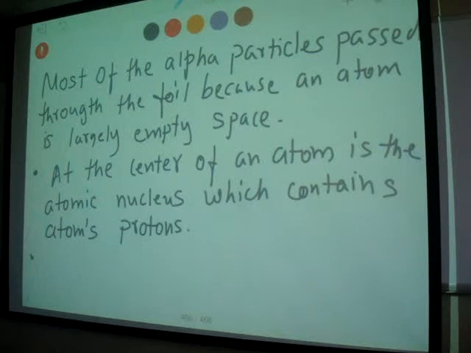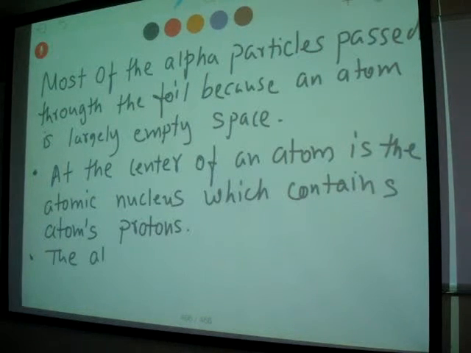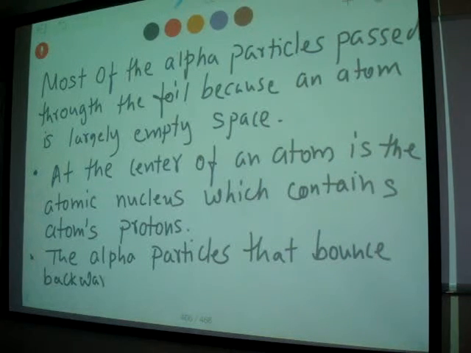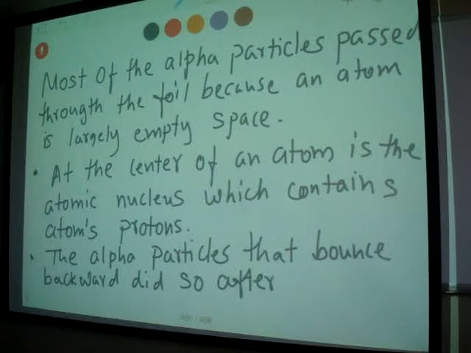And so the alpha particles that bounce backward did so after striking the dense nucleus.